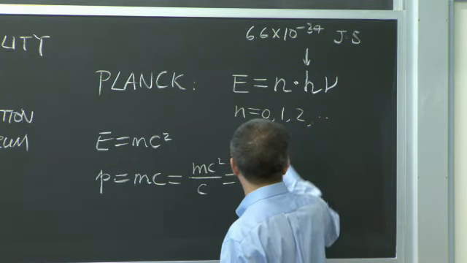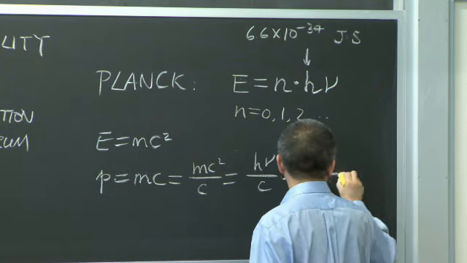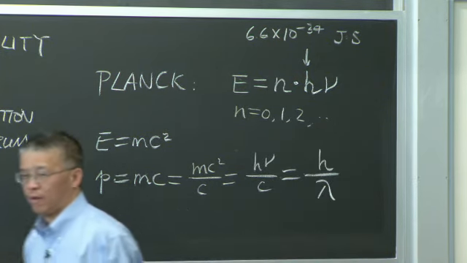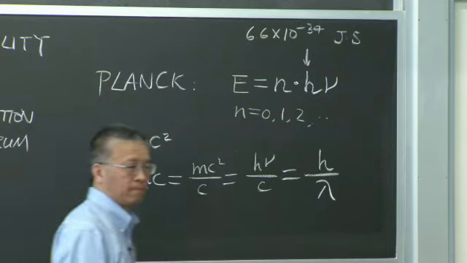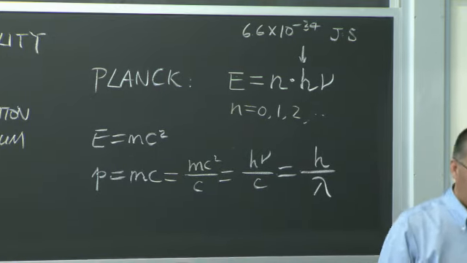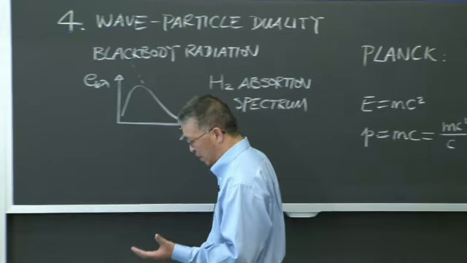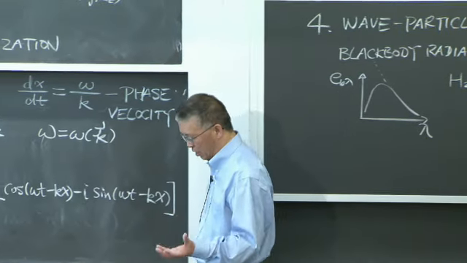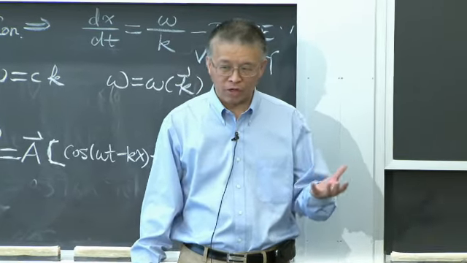That's the energy. Energy is h nu divided by c. So it's h over lambda. So Einstein argued that the momentum of this light quanta is h over lambda. And now this basic quanta has both energy h nu and momentum h over lambda.